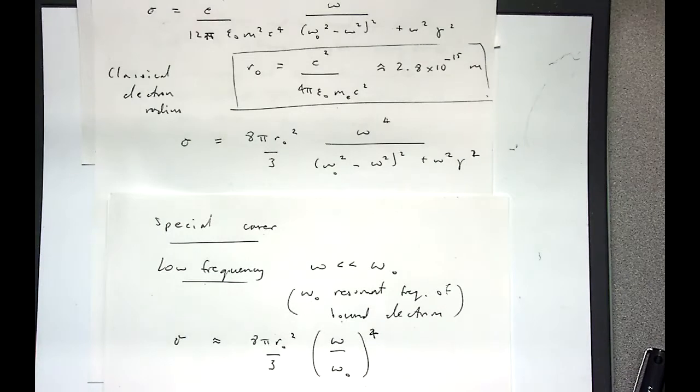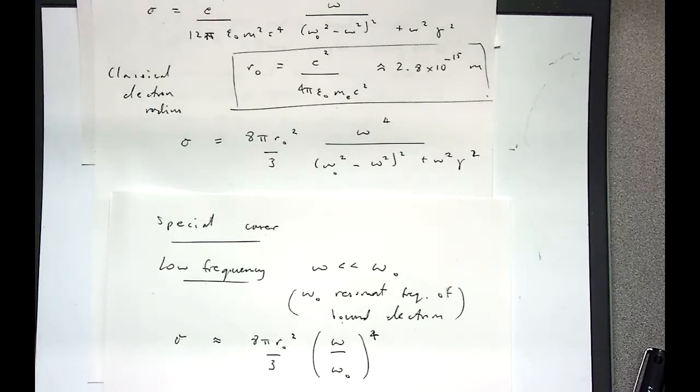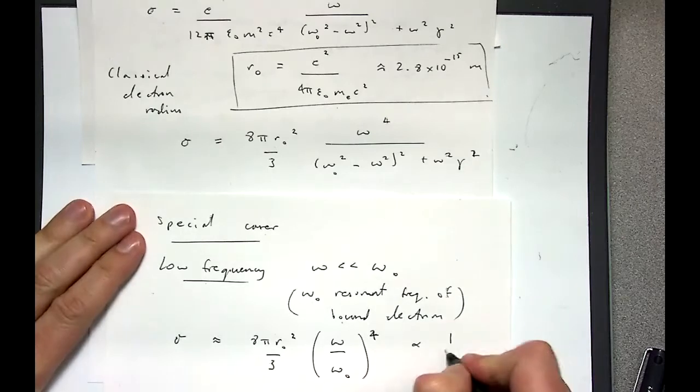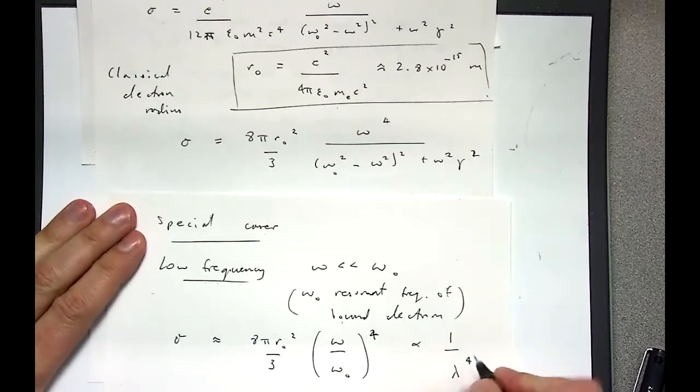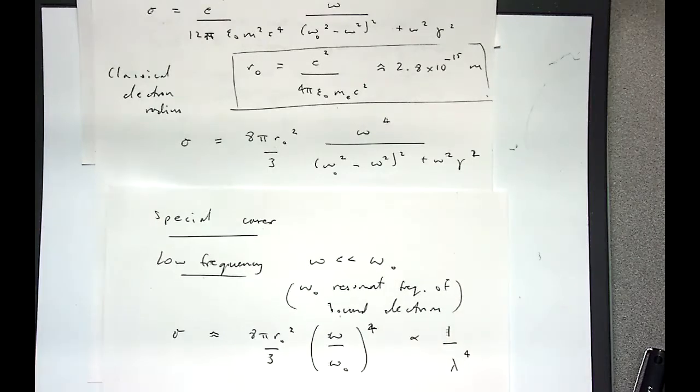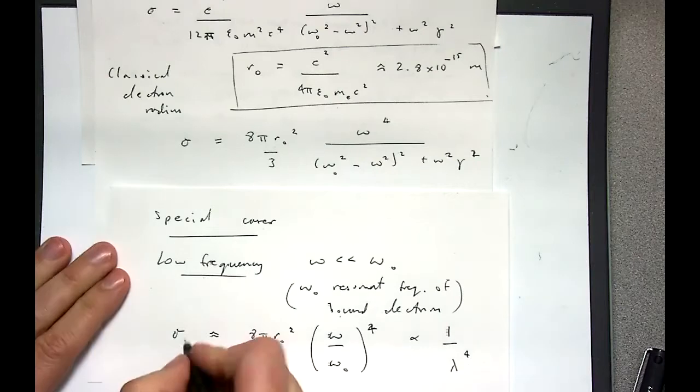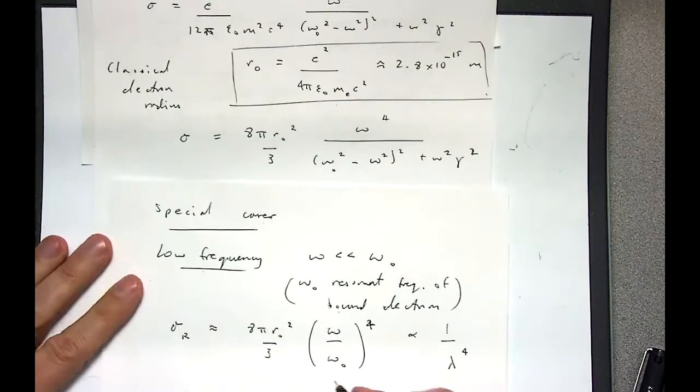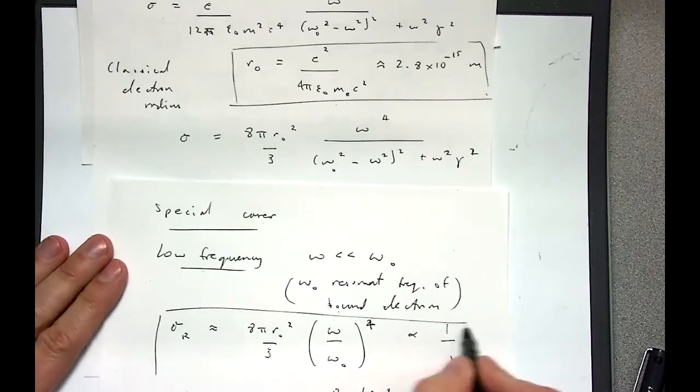Well, obviously, frequency is proportional to 1 over wavelength, so this is proportional to 1 over lambda to the fourth. Okay. So this, I'm going to give it a subscript r. This is Rayleigh scattering. So the Rayleigh scattering cross-section. Okay? So put a little box around that.